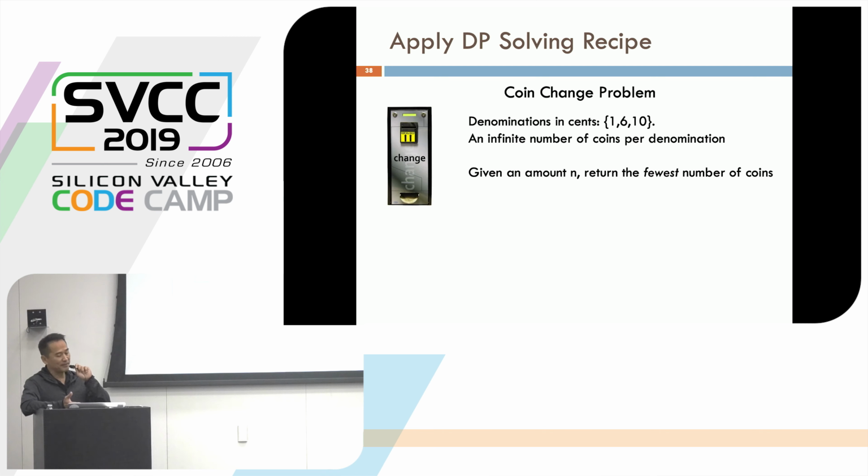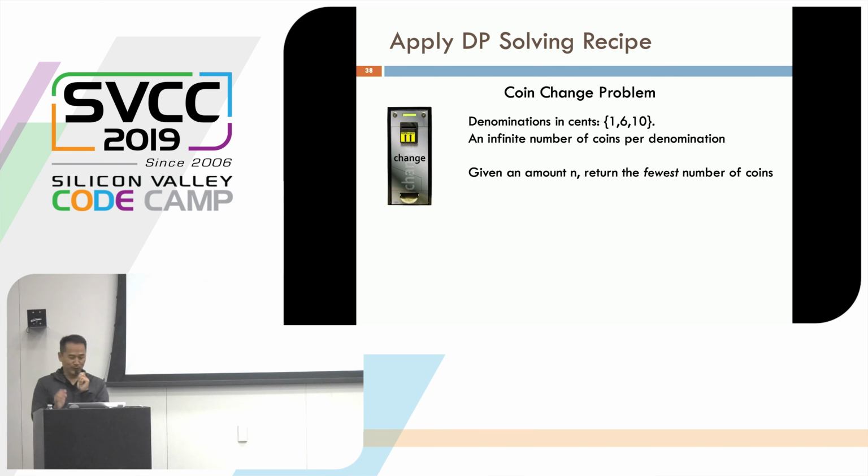And it just so happens that it has an infinite number of coins per denomination. Okay, so the problem is, given an amount of n dollars, we want it to return the fewest number of coins. The first problem was about max. This is fewest, right? Still an optimization problem.